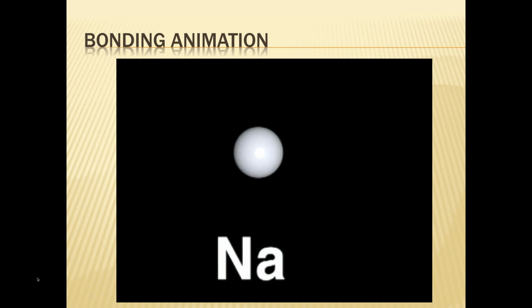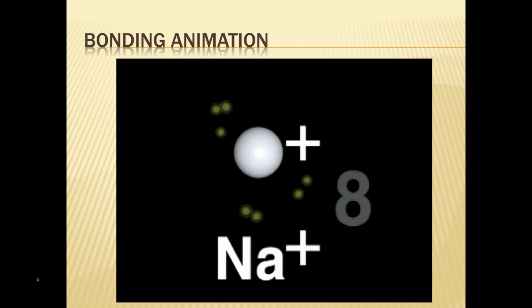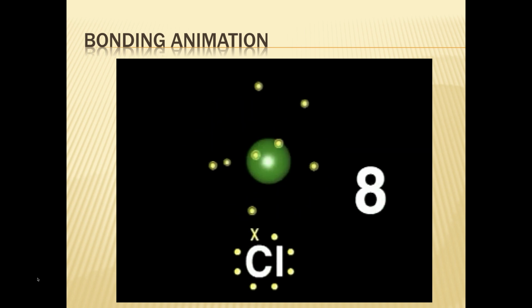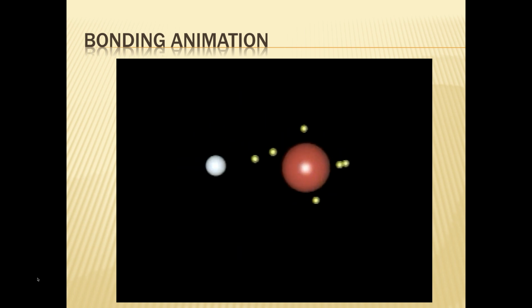Sodium will become positively charged, and the chlorine will become negatively charged, and the two ions will attract. And you'll notice they both have a stable octet. This is what is required. By the way, the X in the dot diagram represents the electron gained from the sodium.